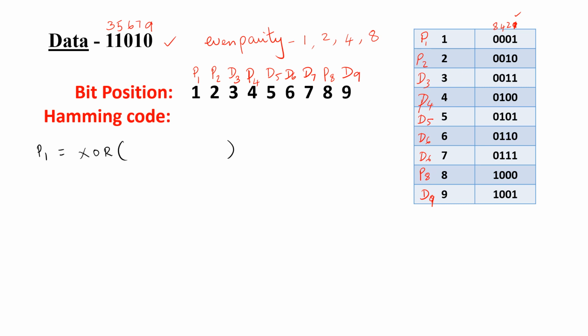For parity 1, the first bit in the binary number should be 1, and we should choose only from the data bits whose first binary bit is 1.